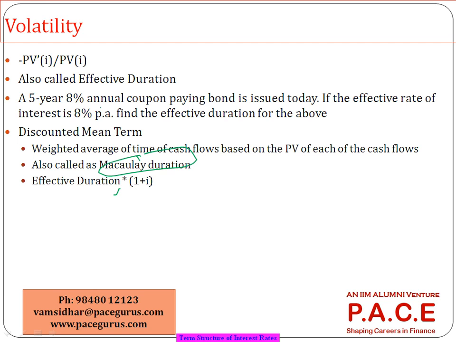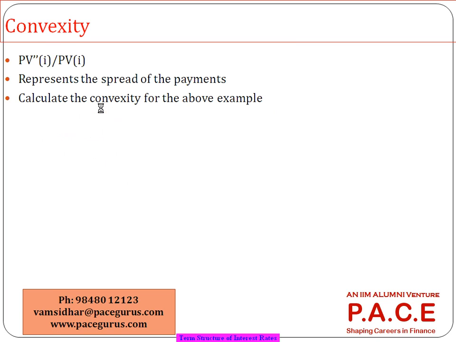Then the next aspect we are focusing on is convexity. We have already seen the price to yield relationship, that it is a curve. As the interest rates increase, the price of the bond falls, and vice versa.